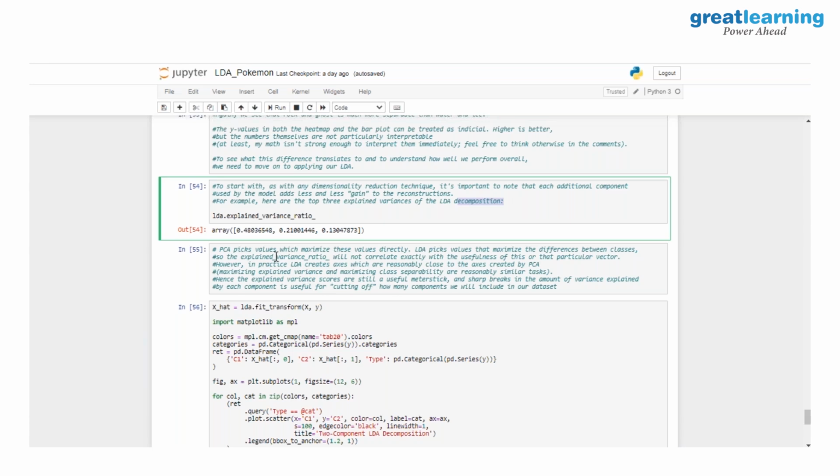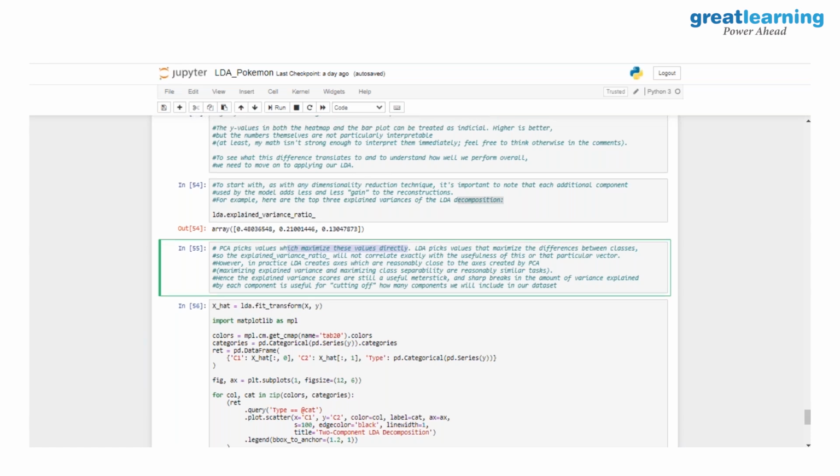Now, PCA tries to maximize these values. LDA maximizes the difference between the classes. In simple words, as I mentioned, we look at the average value and try to see how much they vary with all the different values within that class, and of course across the other class, and it tries to maximize the distance between different classes and minimize it within the class.